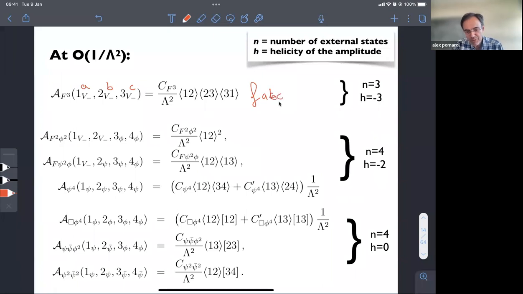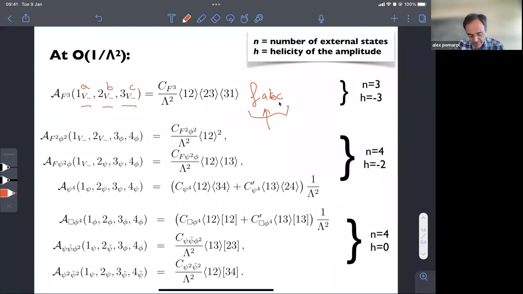So if you want me to put the invariant tensor, in this case it will be f^{ABC}, which fulfills the Jacobi identity, because I'm assuming these are triplets, or octets in the standard model if they're gluons, and now they have to have an invariant tensor, which has to be this one.